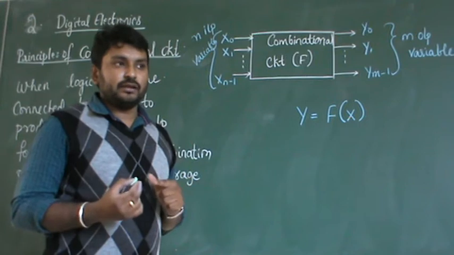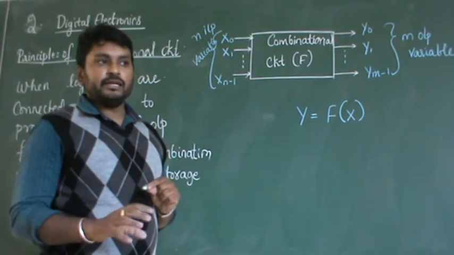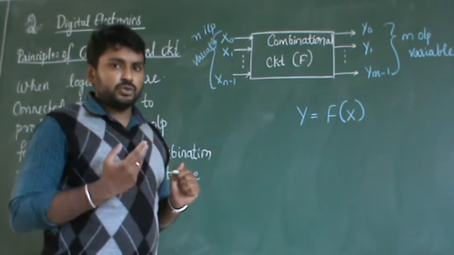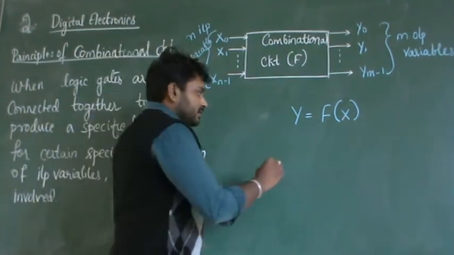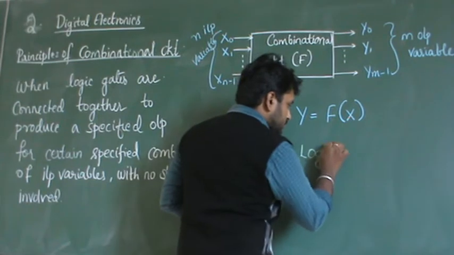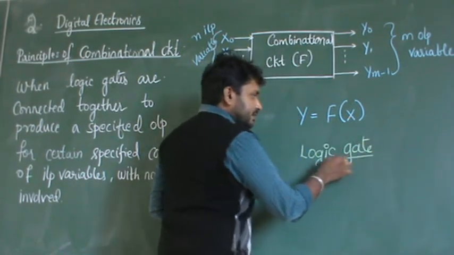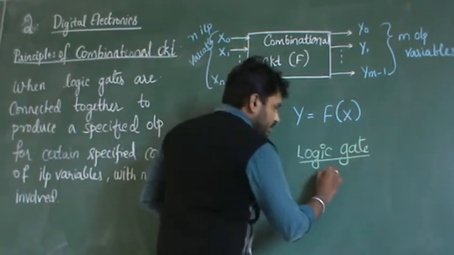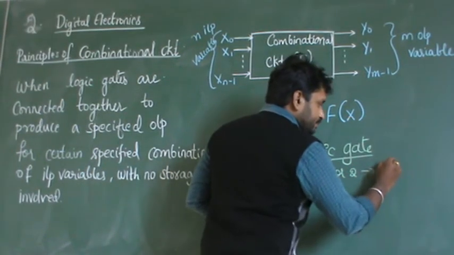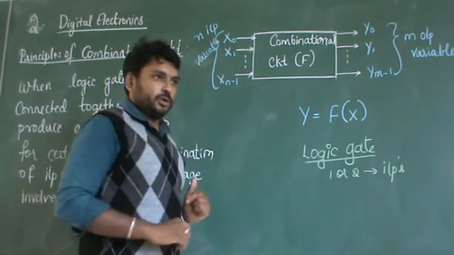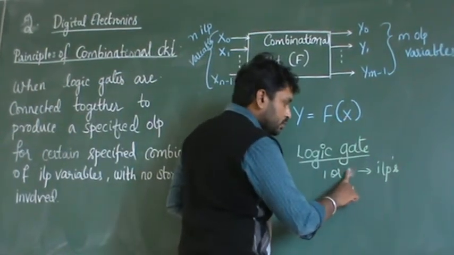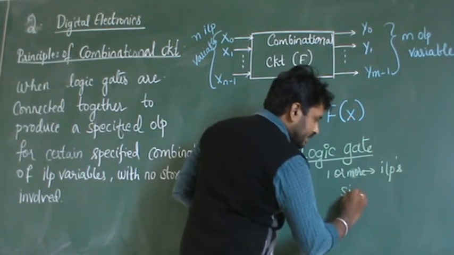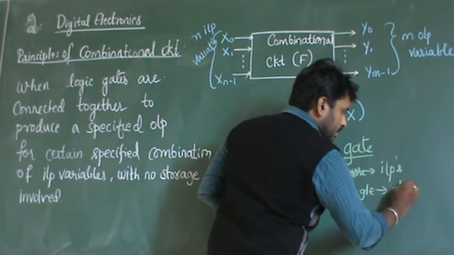A logic gate is nothing but a fundamental block. If you want to build any circuit, a logic gate acts as the fundamental block, with one or more inputs and a single output.